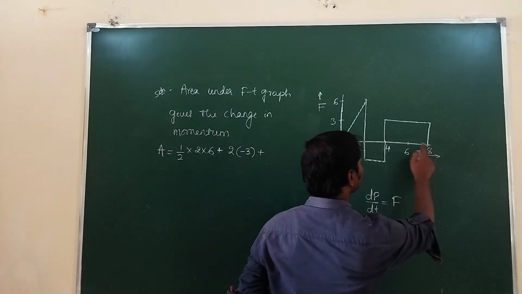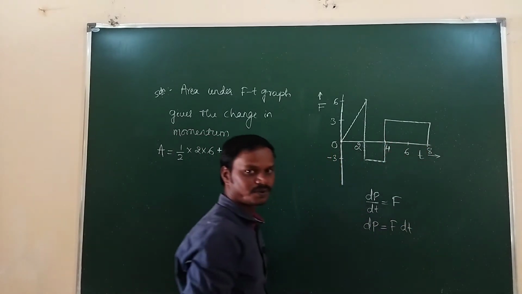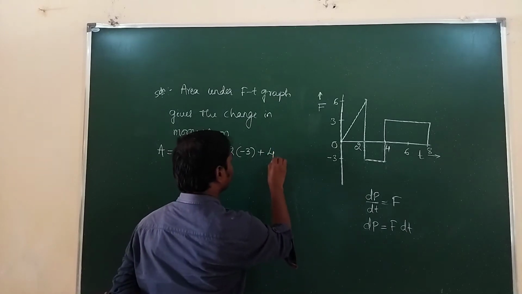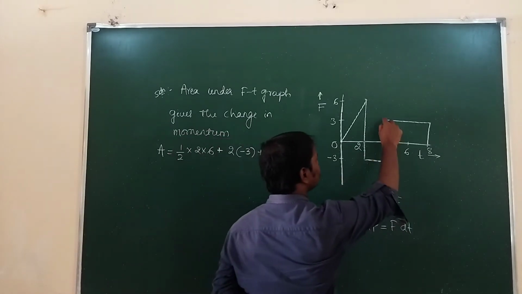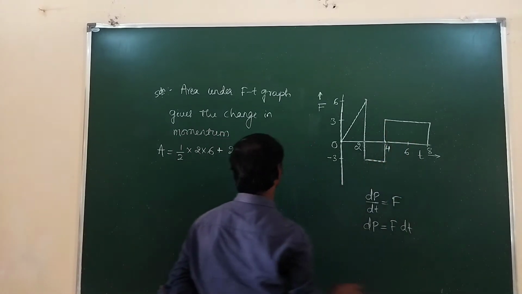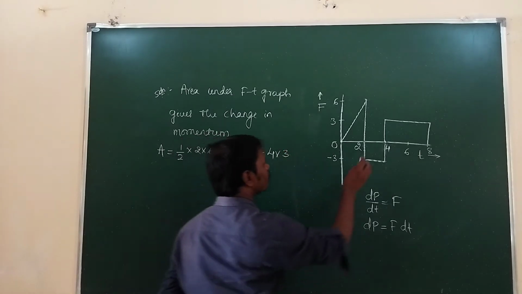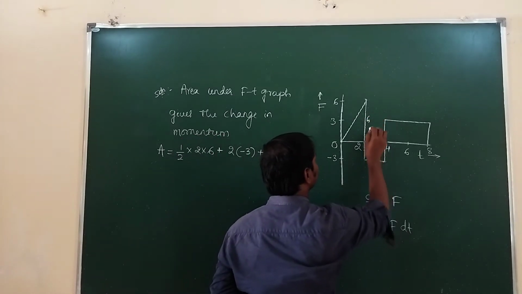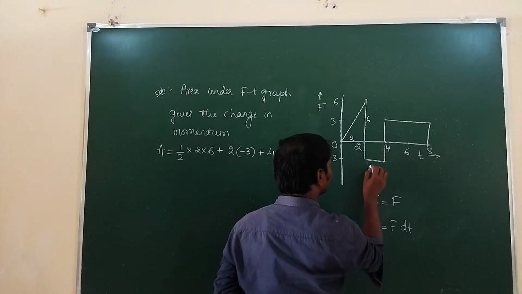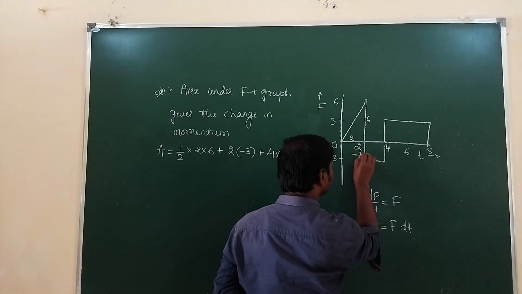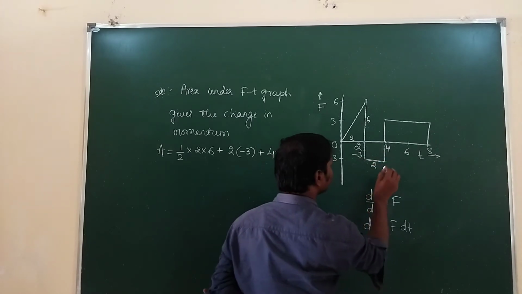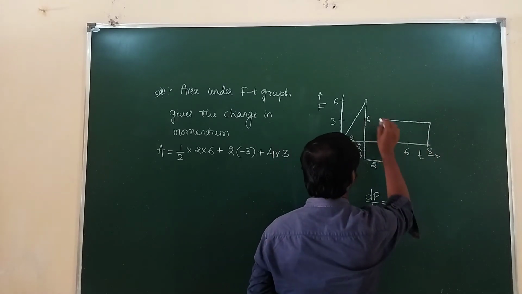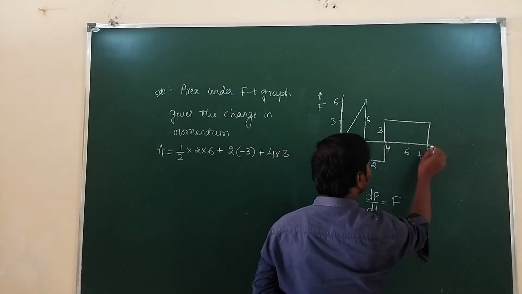So base is 8 minus of 4, that is 4. 4 into height is 3 minus of 0, that is 3. So listen here height is 6 and base is 2. Here height is minus 3 and base is 2, and here height is plus 3 and base is 4.